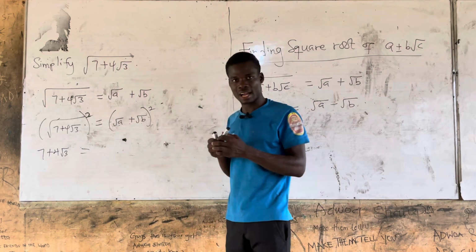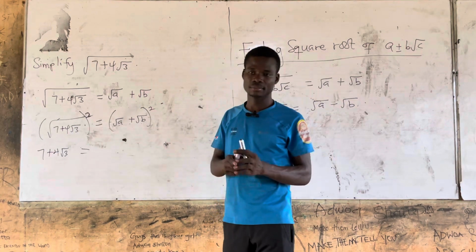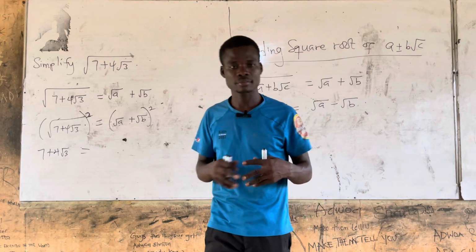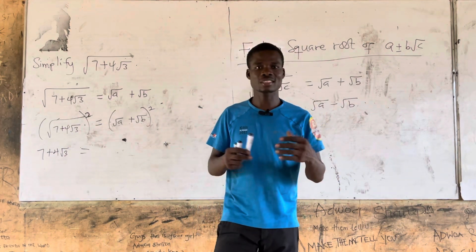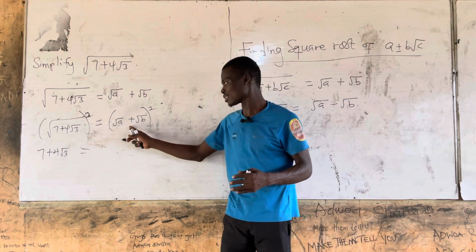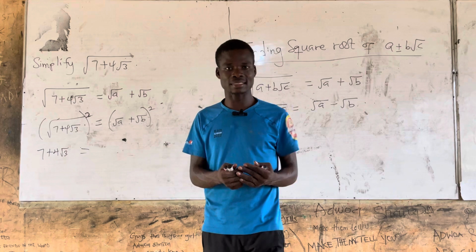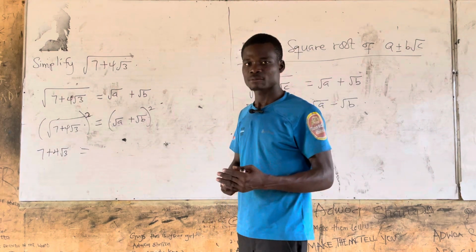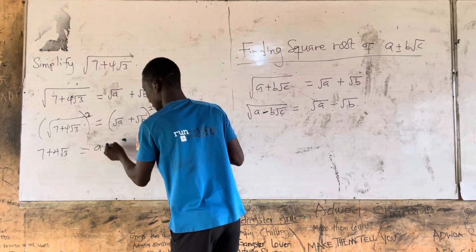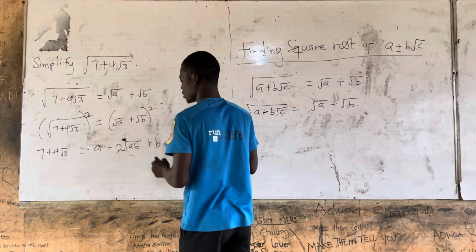Take your time and expand this bracket 2 times. So I'm waiting for you. Take your time. This bracket, root a plus root b all squared. You see, when you take your time and simplify, at the end, you are going to get a plus 2 root of ab plus b.